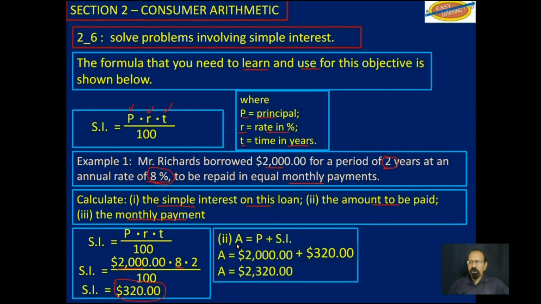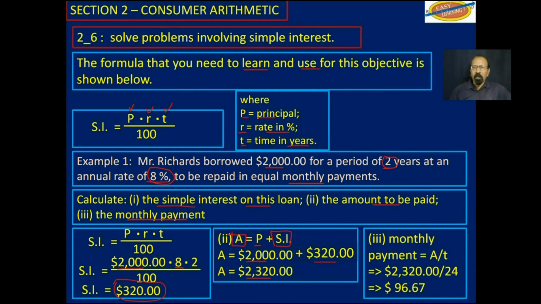Now the amount is the simple interest plus the principal. So 2,000 plus the interest we just calculated is $2,320. Your monthly payment, of course, will be $2,320 divided by 24 months, 2 years, and that would be $96.67.